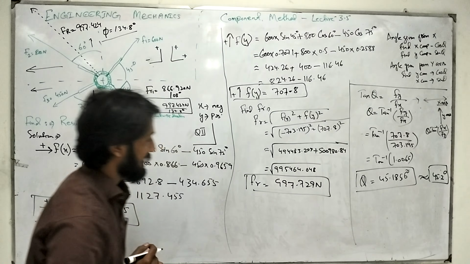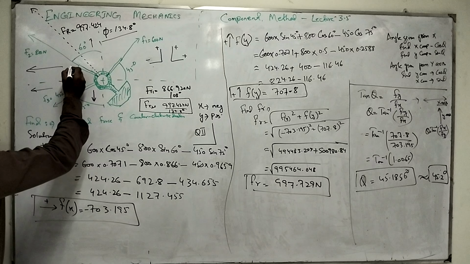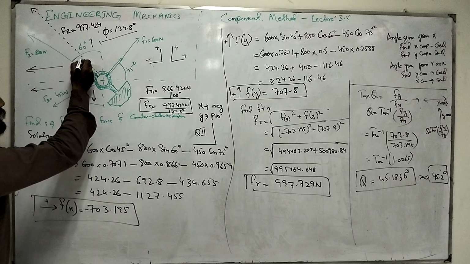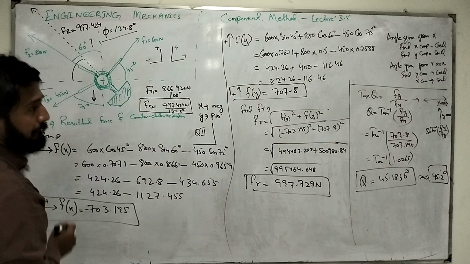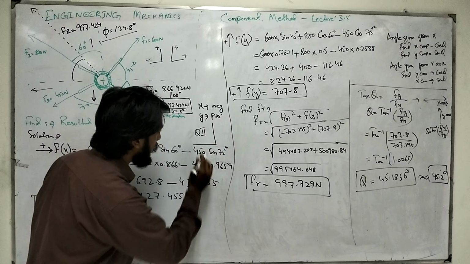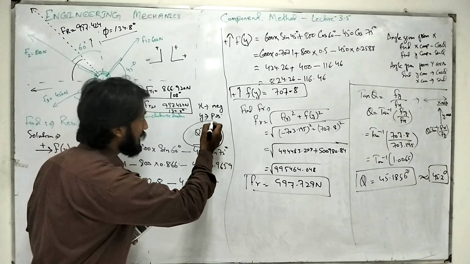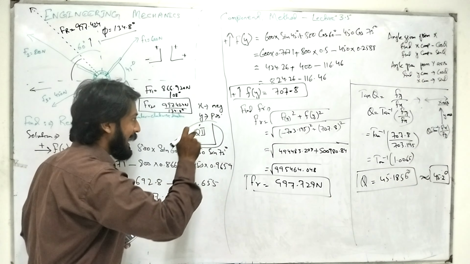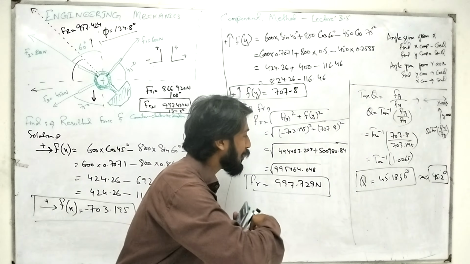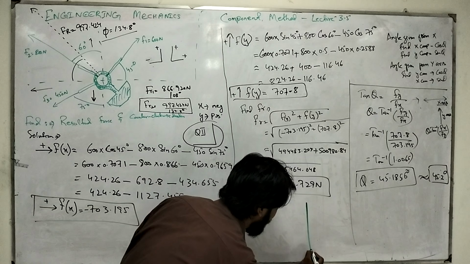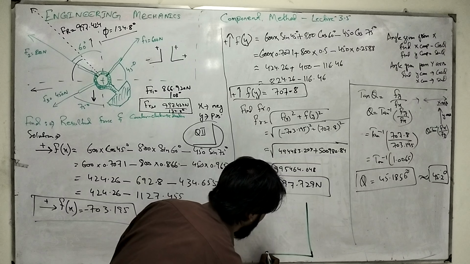These results are correct. You know why? Because this angle is of this side. Since our x component and y component have given us the indication that it falls in the second quadrant, let me draw the diagram. This way you will understand.